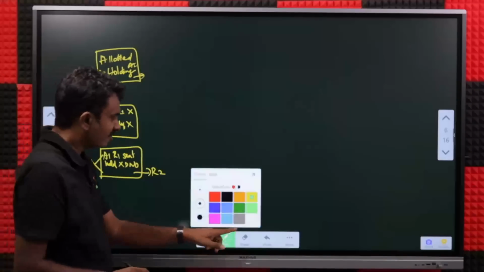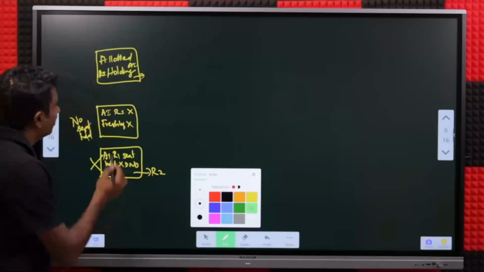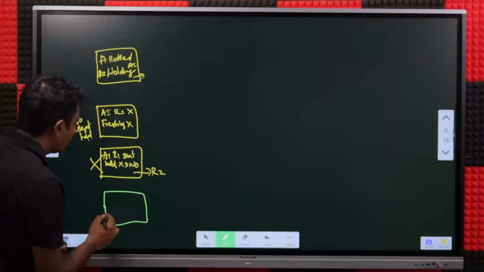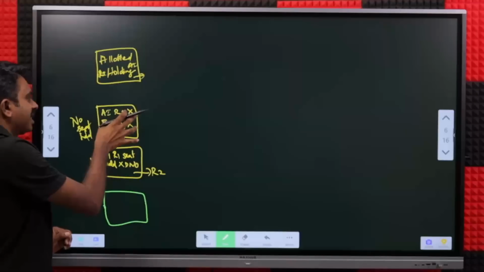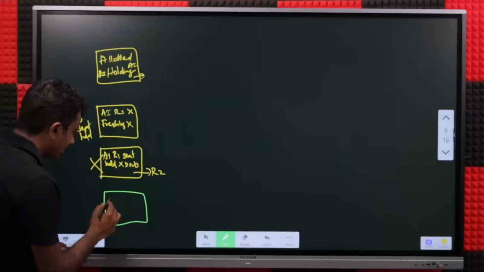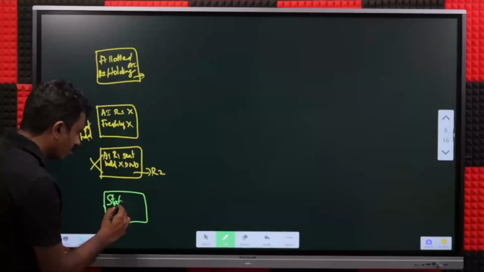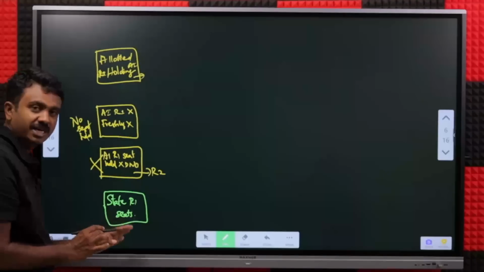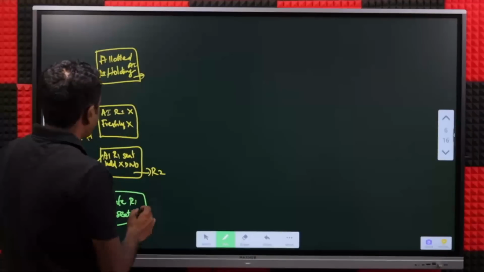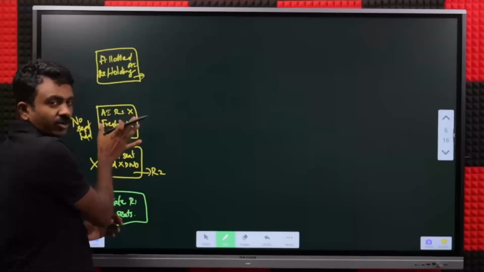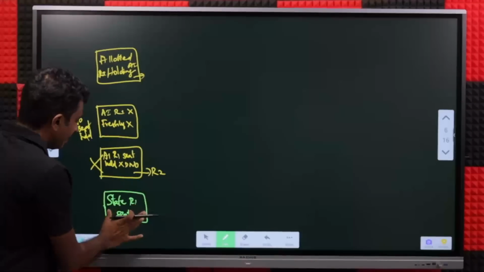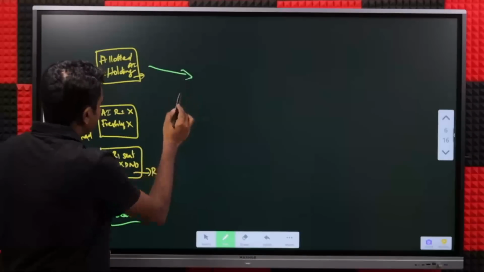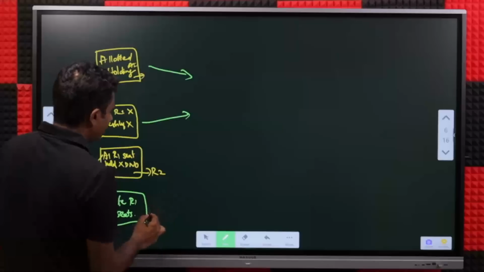Beyond this, we also look at a fourth set, not concerned with All India, which is the set of people who might have fallen under this category or not, but are holding State Round 1 seats now. This set holds State Round 1 seats now, and they do not fall under the category of no seat holders. They are State Round 1 seat holders, and then they participate. So who will participate? This set, and this set will participate.